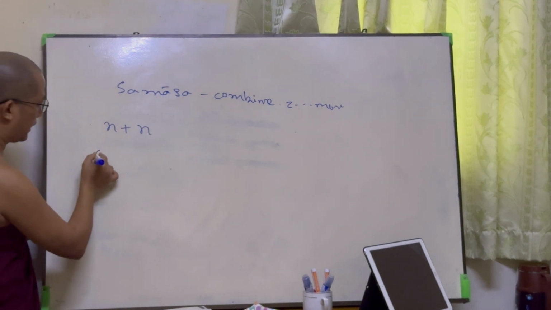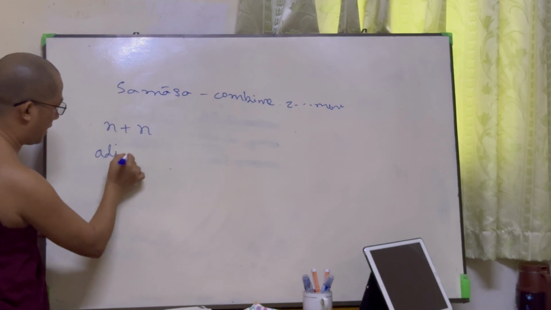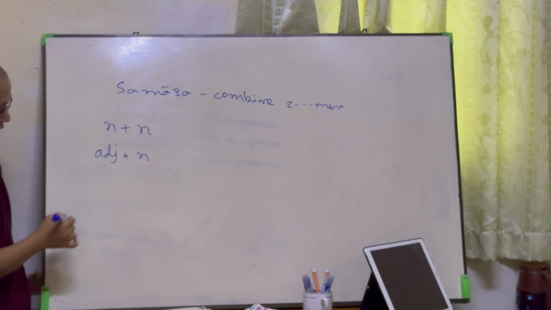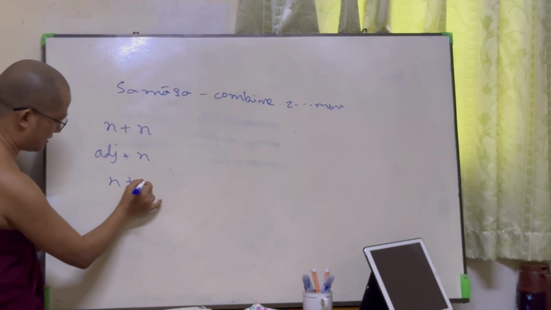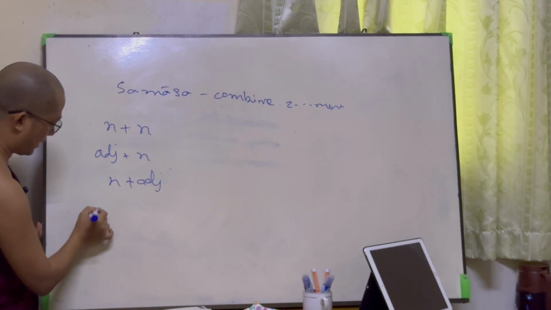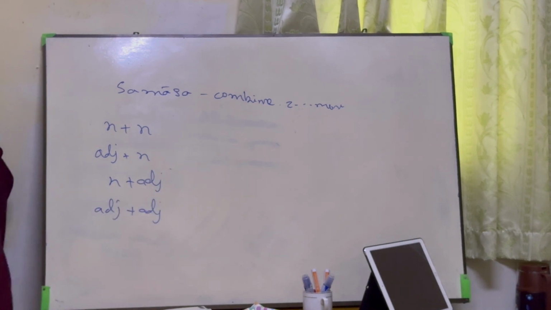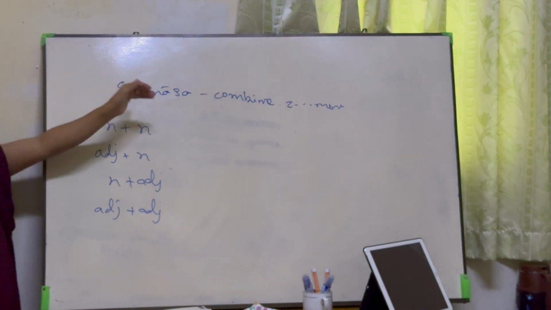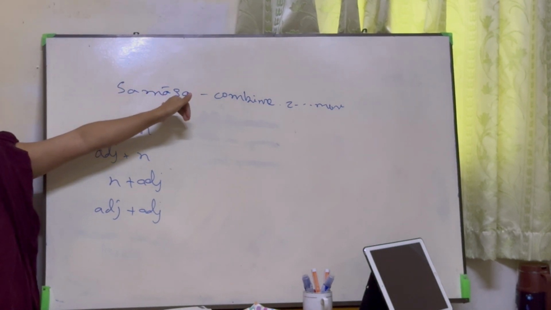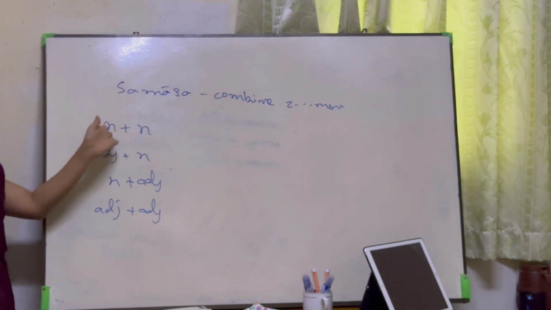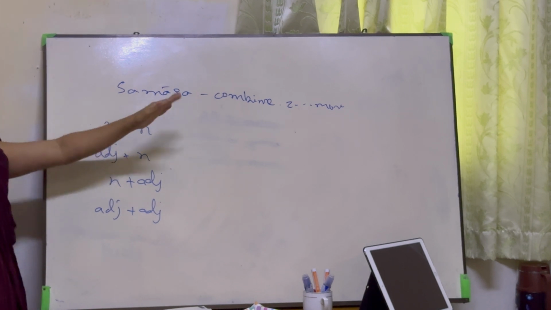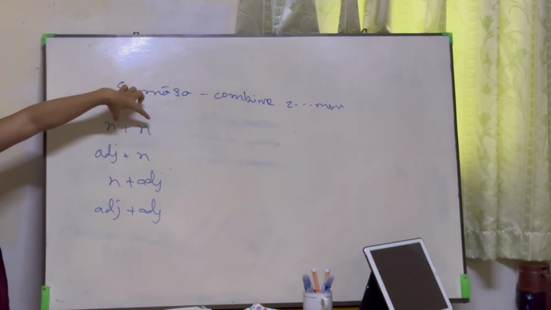Sometimes we will combine adjective plus noun, and noun plus adjectives. Sometimes adjectives plus adjectives also. But when we talk about Samāsa, many people say, oh, Samāsa means combination of noun plus noun. They will say it generally. This is the general truth.